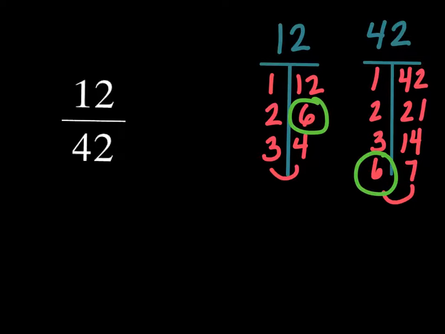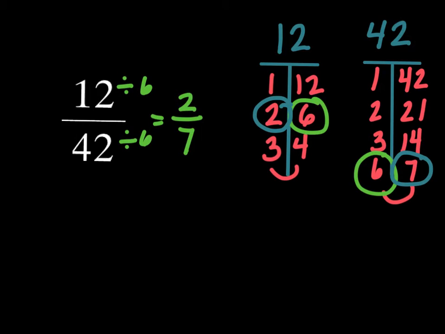The greatest common factor between 12 and 42 is 6, so if I divide my numerator and my denominator by 6, I will get my simplified fraction of 2/7. And again, if I look directly opposite from my greatest common factor, I will find my fraction 2/7.